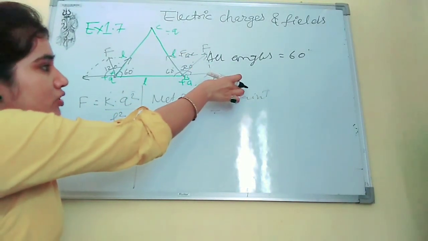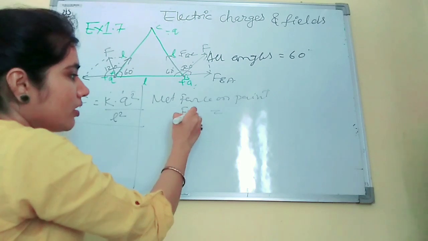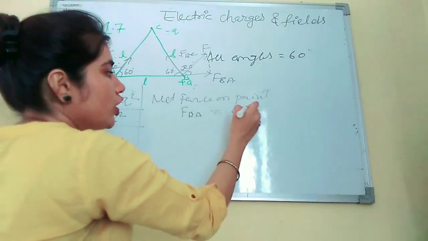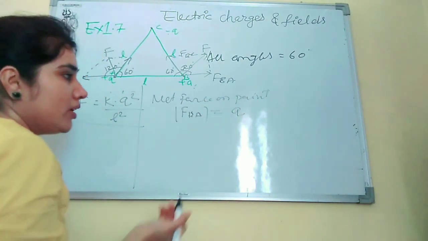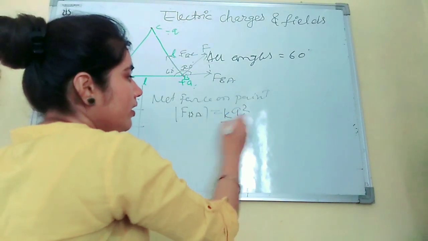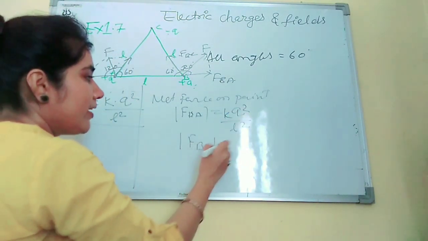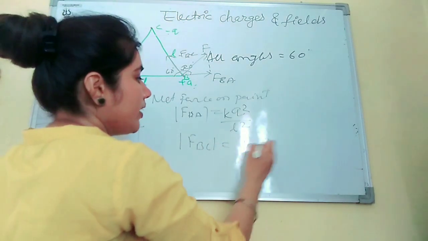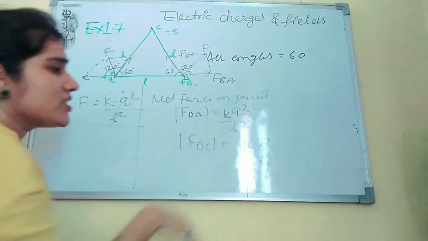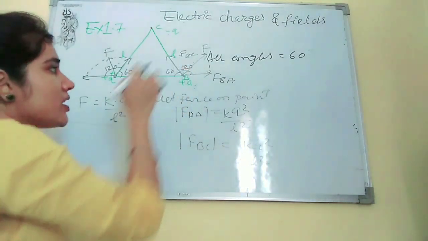If we find the force FBA, the magnitude of FBA will be KQ square upon L square, and again FBC will be KQ square upon L square. So all expressions are similar and angles are similar.